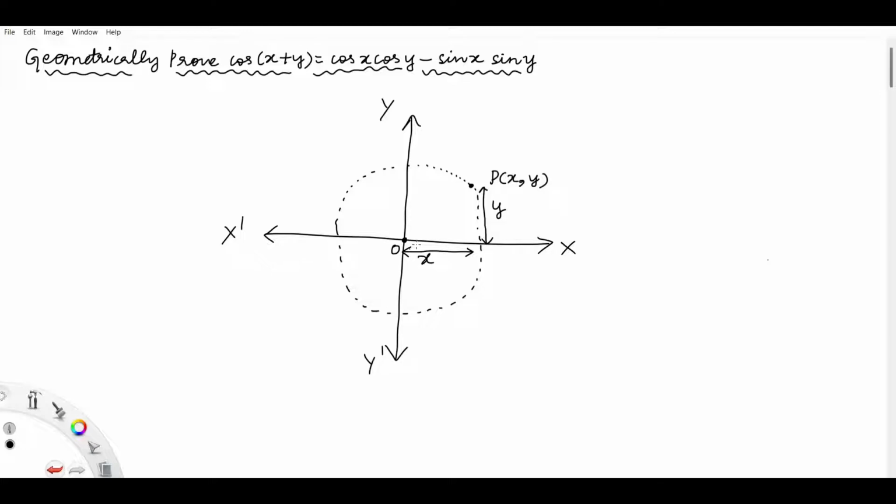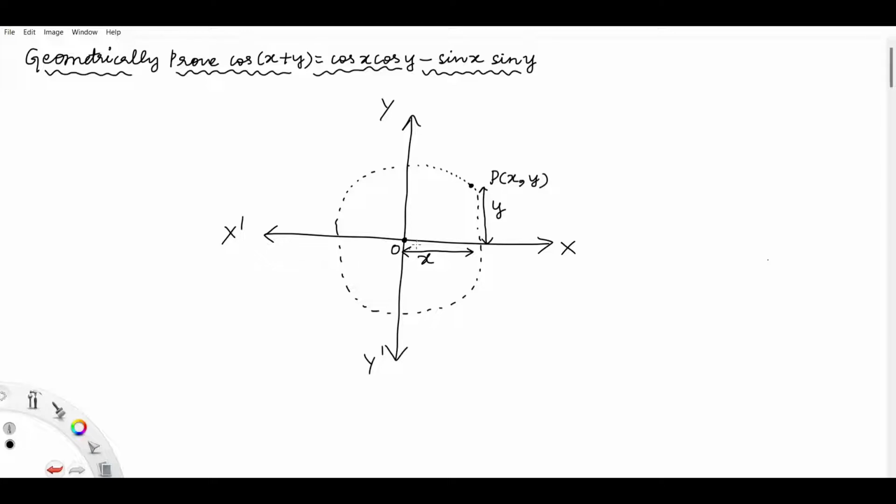Now OP is going to be the radius. Here, let me take the radius as 1 unit. So I am considering a unit circle. A unit circle means a circle which has radius equal to 1 unit. It can be 1 centimeter, 1 meter, anything as such.